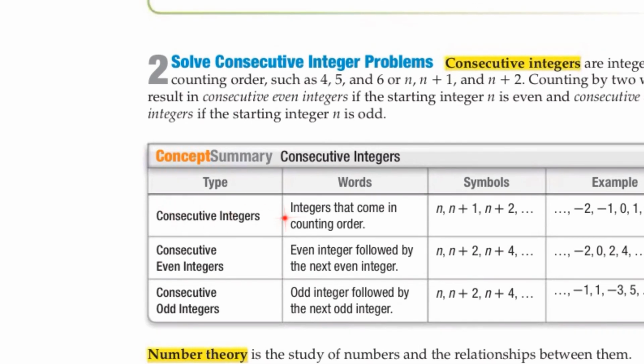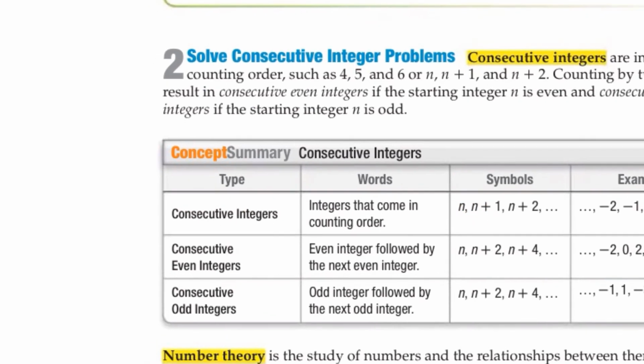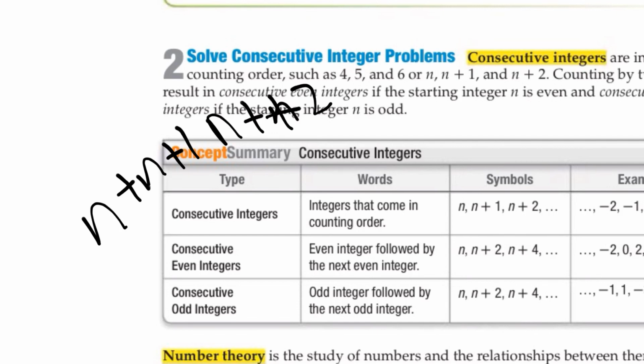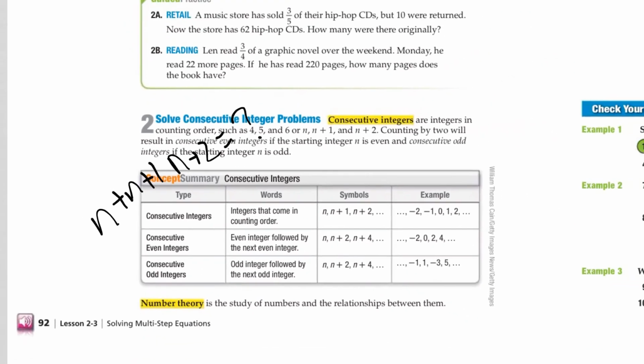Consecutive integers. Look at what we're going to use. N, n plus 1, n plus 2. How do you think I'm going to set it up? We're going to give you a hint. N plus n plus 1 plus n plus 2 equals what? They tell us. I think it's 21.